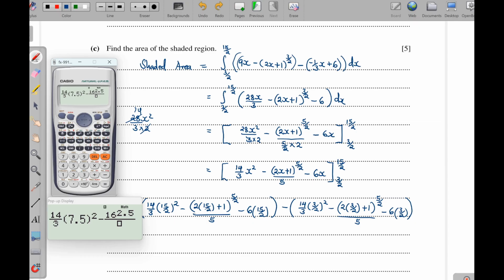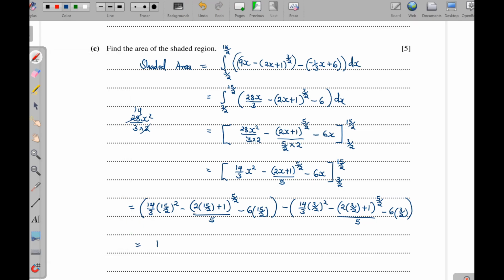Down here, we are having a 5, yes. Then minus, this will be 6 times 7.5. So this one gives us 127 over 10. 127 over 10, which is 12.7.